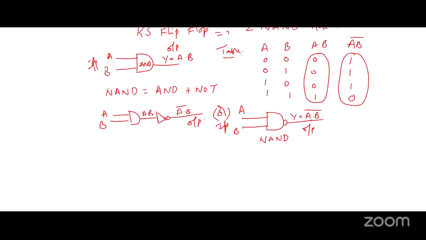So you can easily observe the cases for the NAND and AND. The NAND gate is nothing but a complement of the AND gate. Complement of the AND gate is nothing but a NAND. Okay.